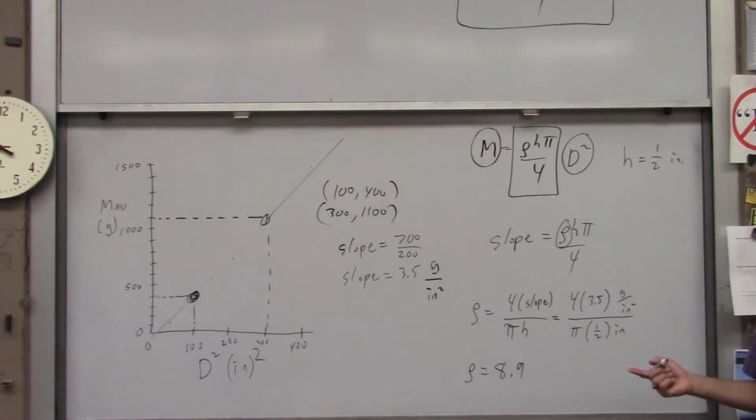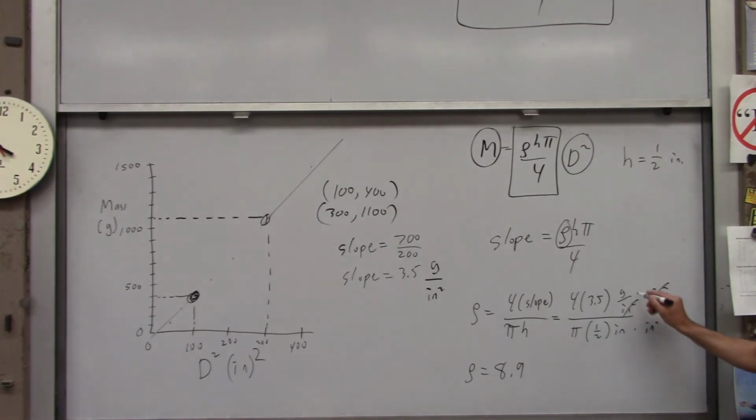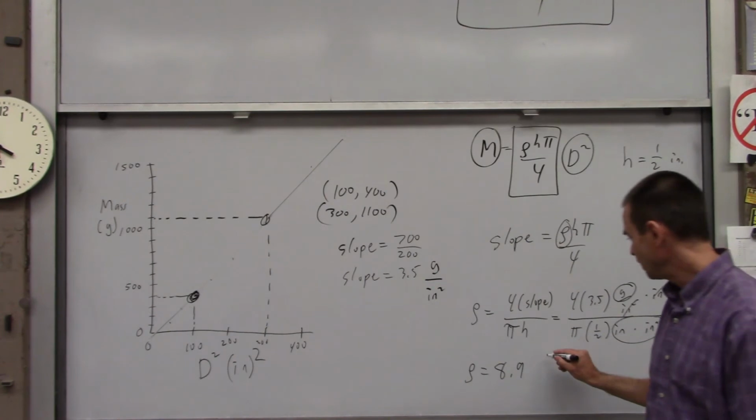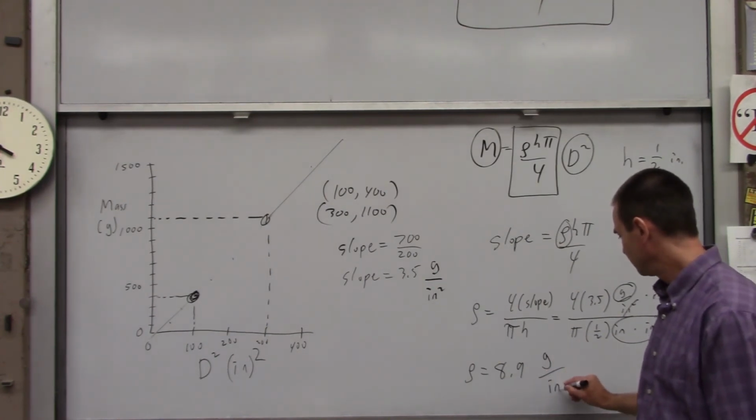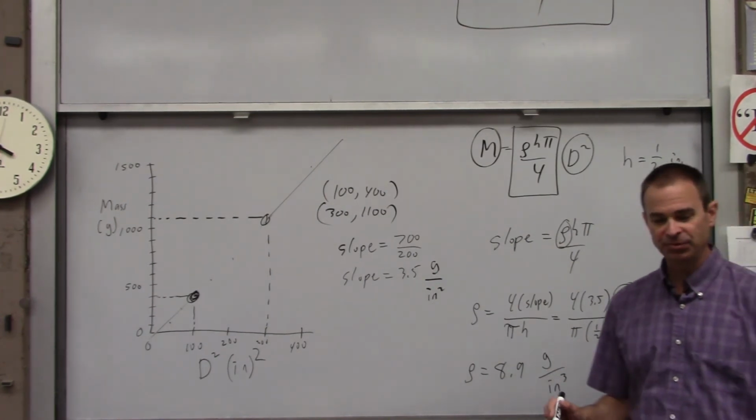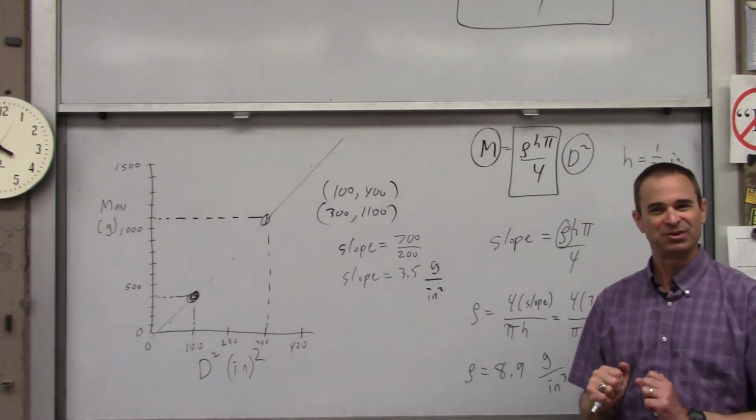And what are the units? Well, if you multiply top and bottom of this fraction by inches squared, these cancel out. You have grams per inches cubed. So the density of the pizza is 8.9 grams per cubic inch of pizza, okay?